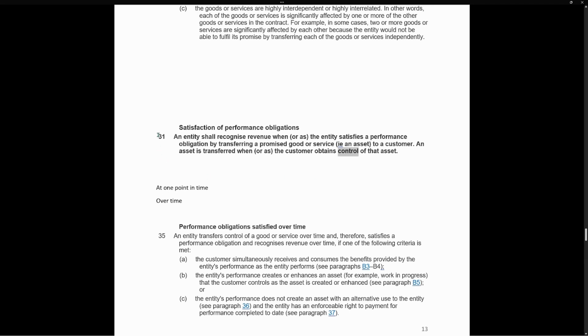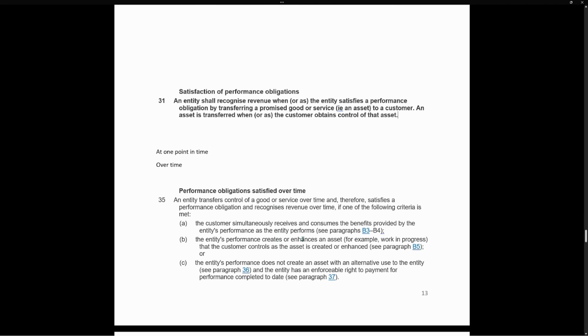This paragraph is very important, and as you see, it's been highlighted and bold in the handbook. Whenever you want to refer to control, if the customer obtained the control of the asset, you can refer to this paragraph. And below I will show you what we mean by control exactly.